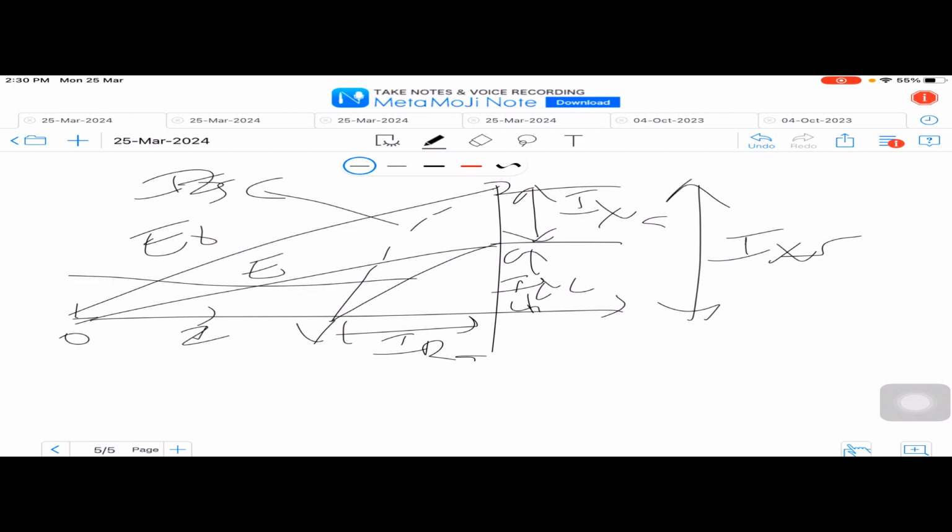As this is the unity power factor load, initially this is your no load EMF for the given current, and this is your load induced EMF. Here voltage and current are in phase.